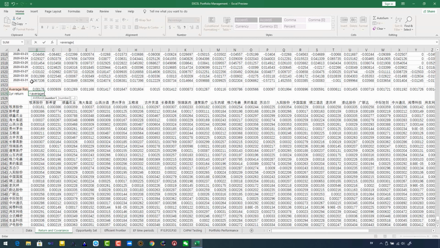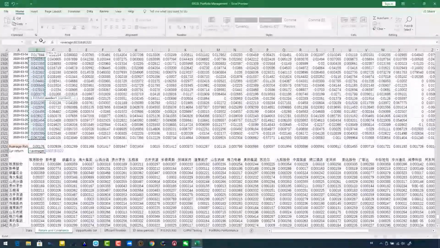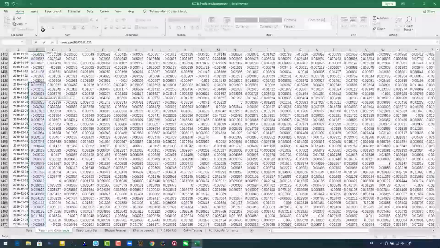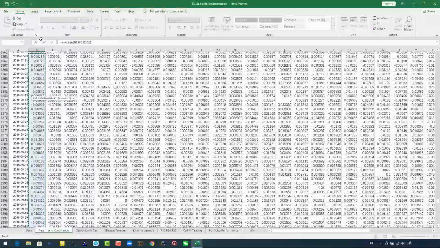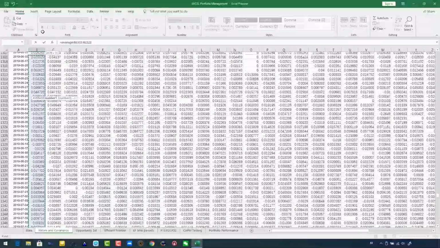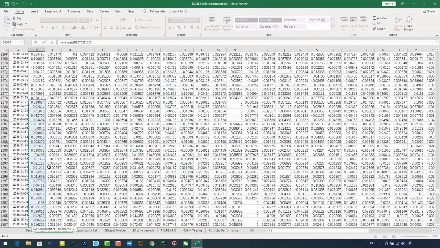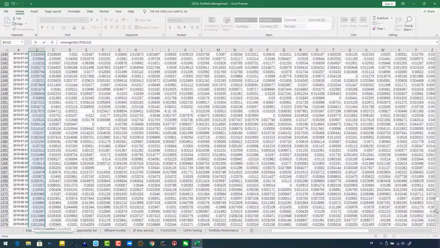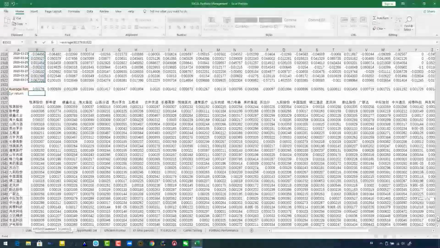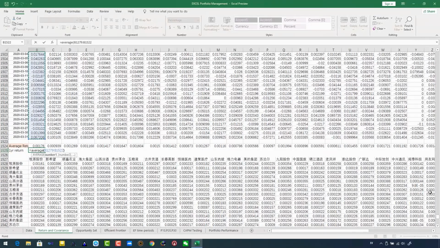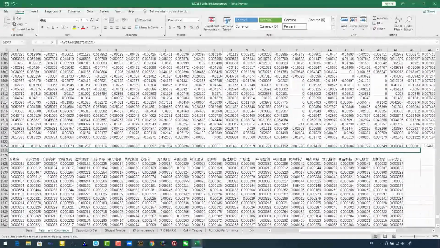So from 2020 March to 2019 March, we can write the formula. Okay, and then close your bracket, and then we drag to the right, and you can select it.